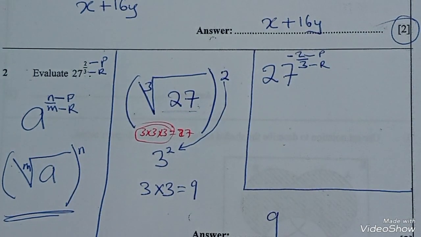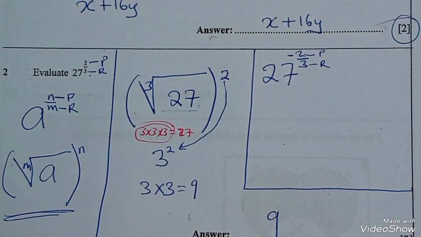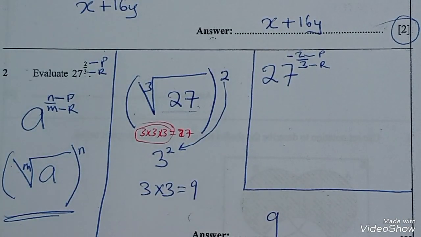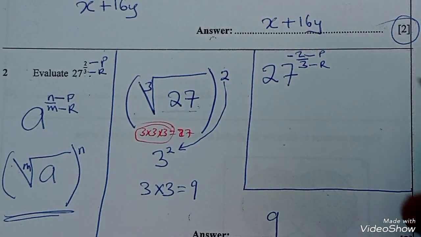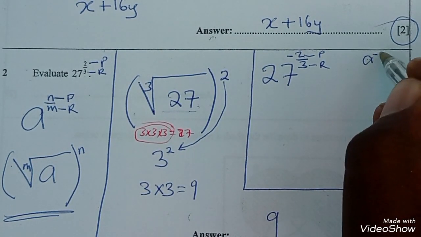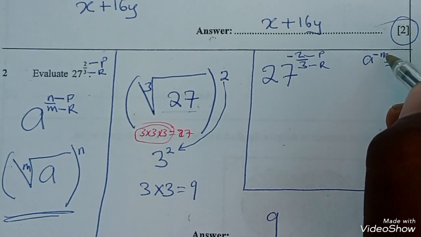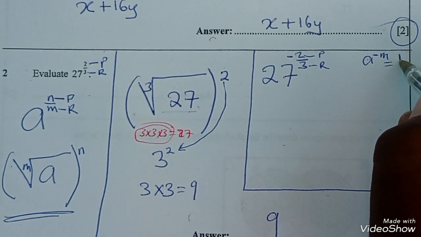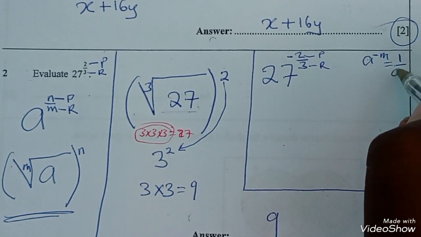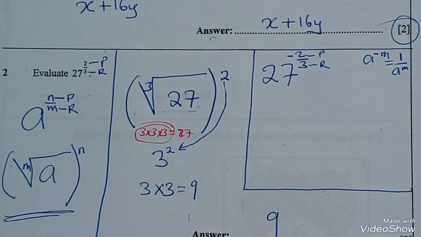So the first thing that you have to do, you have to change this negative to positive. So how do you change it to positive? If you are given the negative index, suppose you have a to the power negative m, this is the same as 1 over a to the power m. So that's how it's going to be.